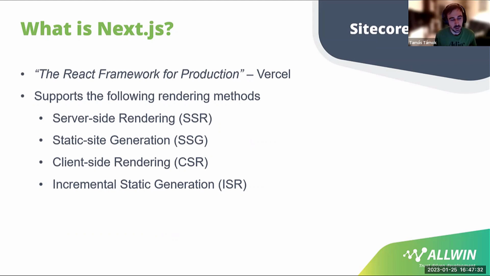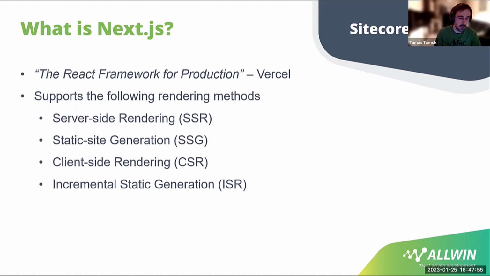What I want to emphasize here is the rendering methods. With Next.js, you get a server-side framework and also a client-side framework, and you can use the same language. The only difference is where the actual code is running.